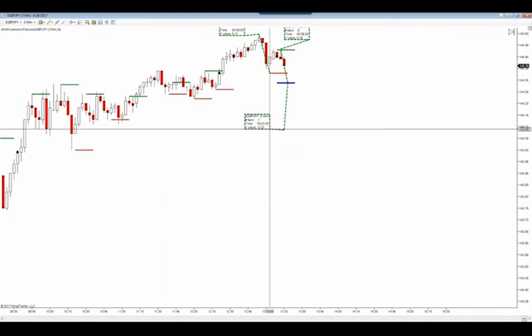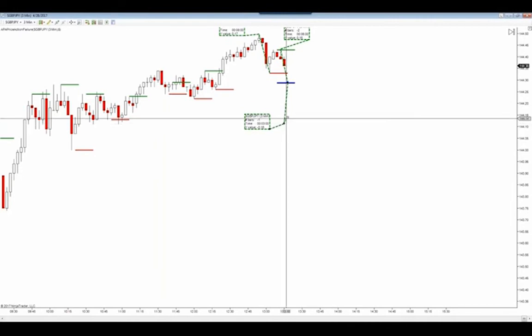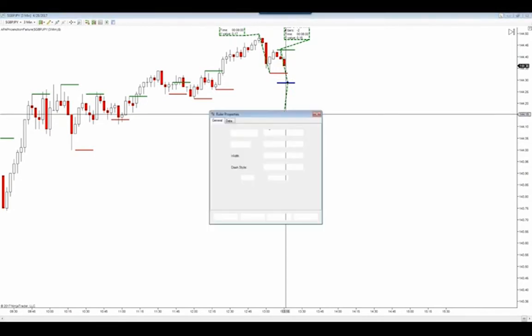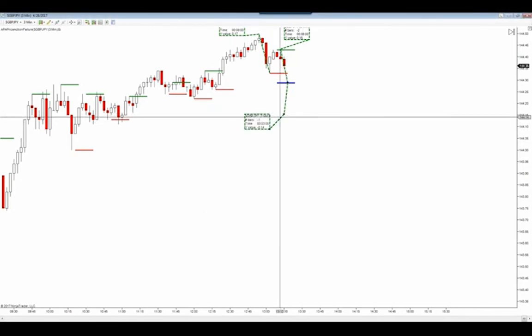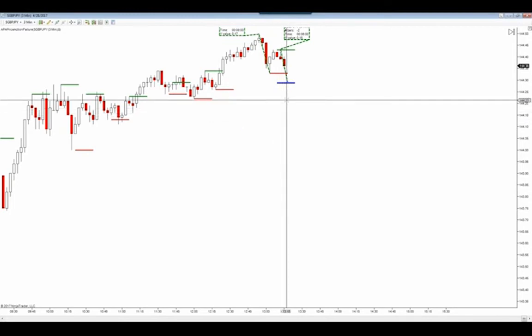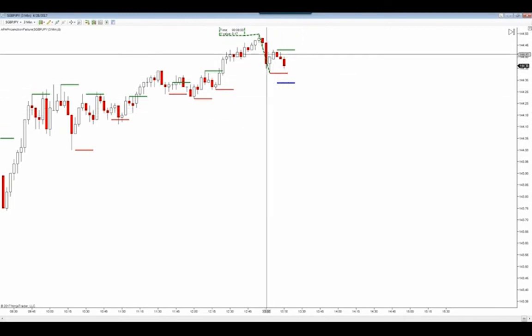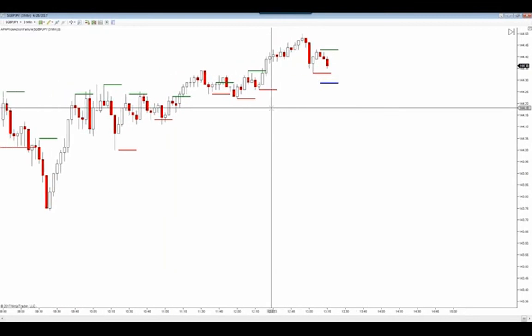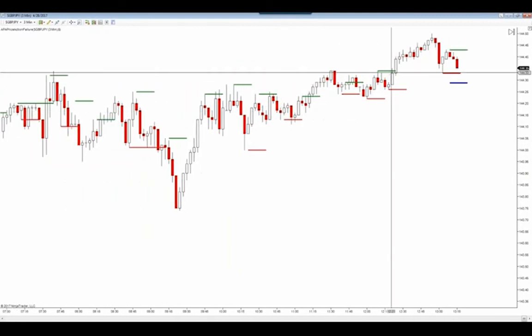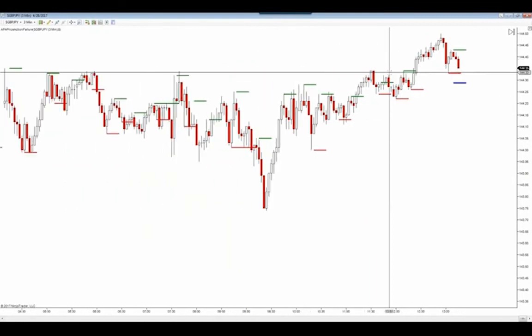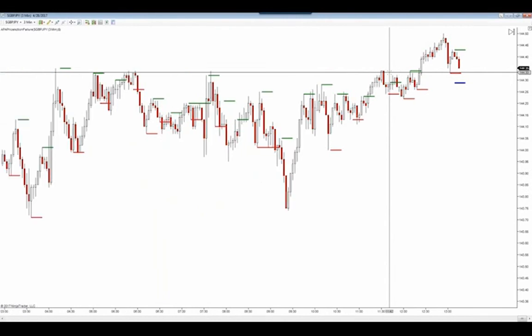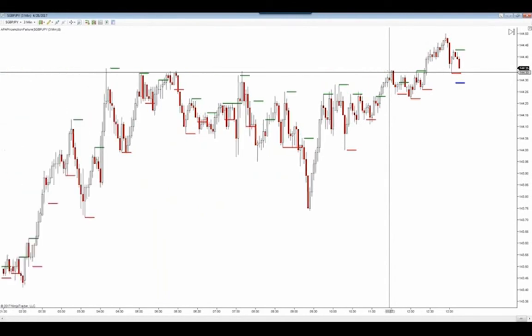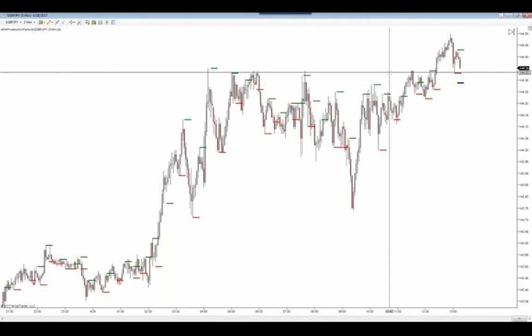Therefore, I'd want to play out my first target at 15 ticks of risk right there. So it's super easy. Now, mind you, this has to be the overall high of the day or the overall low of the day. It's got to be a new high or a new low. And that's pretty much the way that I play this type of reversal pattern.